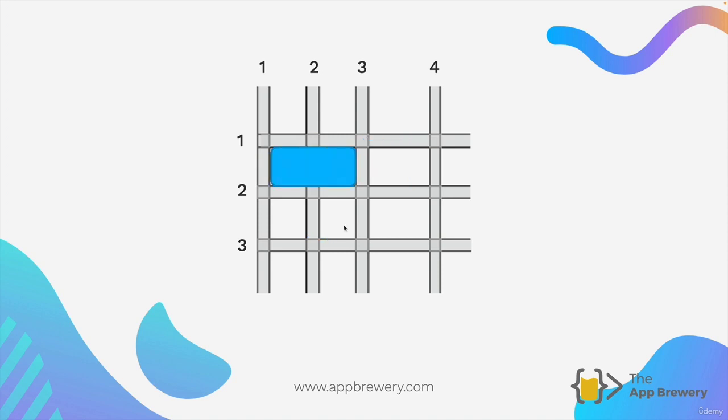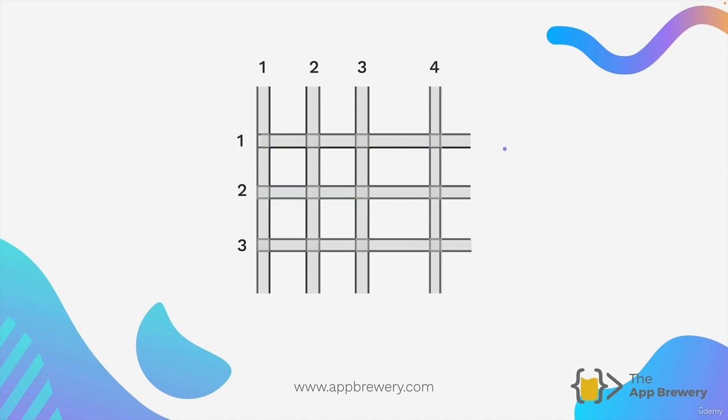You can use multiple cells to create a grid item. For example, in this case, we've actually positioned our grid item across two of our grid cells, this one and this one. And here we've created a grid item that is positioned vertically onto two of our grid cells.